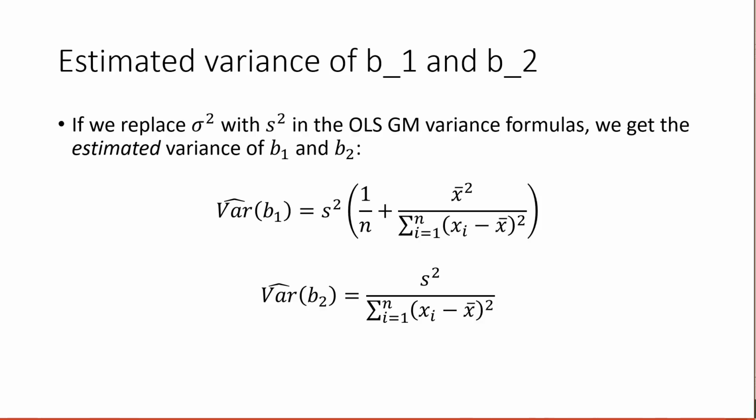This is the estimated variance of B2. To signal that this is not the true variance but the estimated variance, we put a little hat on top of VAR. Now this makes a world of difference because this can be calculated from the sample. I can calculate S squared from the sample, and I can calculate the denominator from the sample.